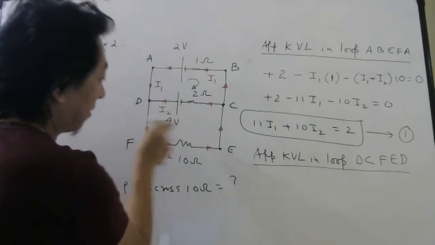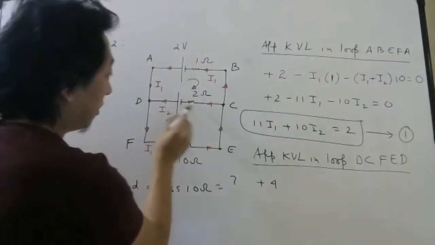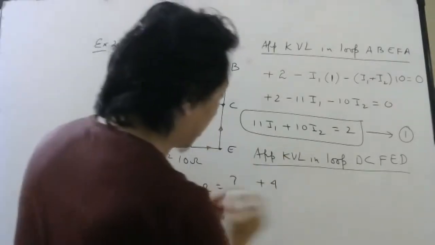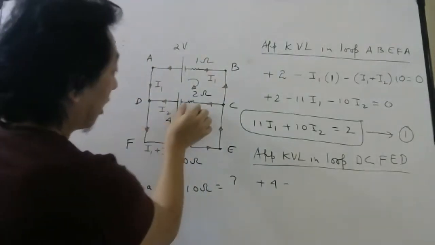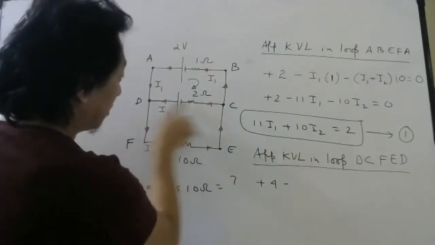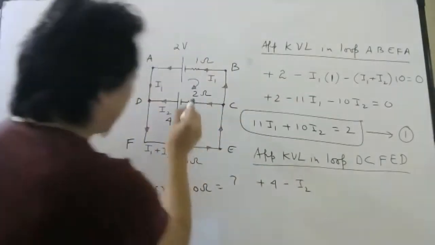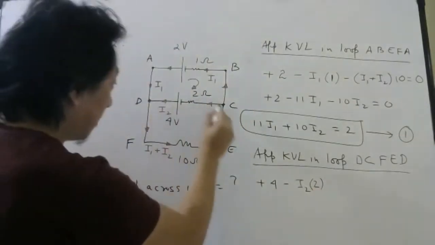Same as EMF, which is given 4 volt. So plus 4. For this resistor, I am moving opposite to current. Opposite to current means potential difference will be negative. How much it will be? Current is how much in this branch? I2. I2 into R. What is R for this? 2.